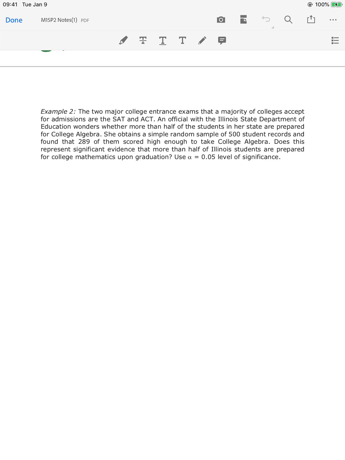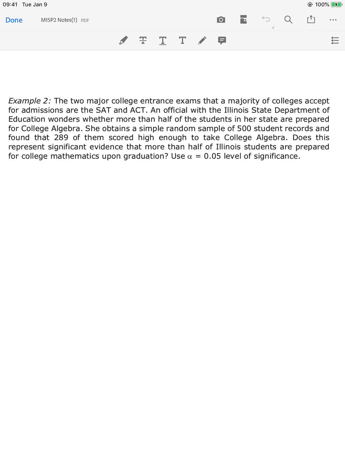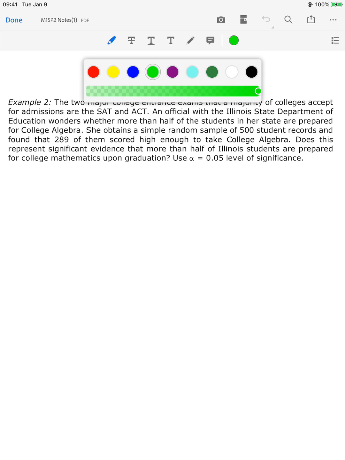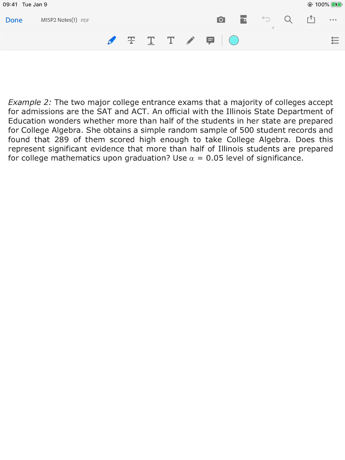So we're going to start this problem just like we started the previous problem, by going through and highlighting all of the important bits of information. So the first sentence is just some background information about what it is we're looking at. Then in the next sentence we see that she wonders whether more than half of students in her state are prepared for college algebra.